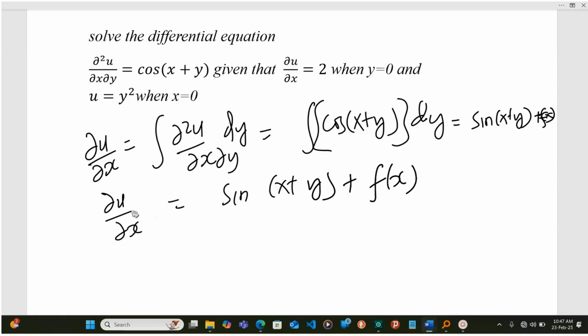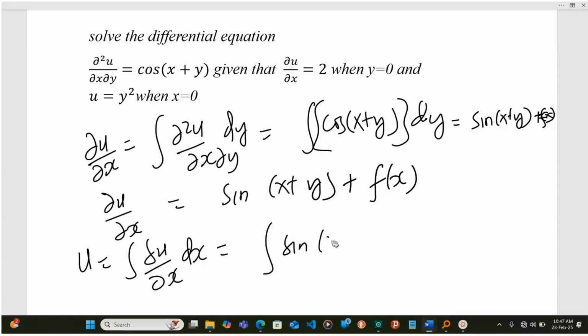So next we are integrating this to get u. So u is equal to integrating del u, del x with respect to x, and this will be integrating sine of x plus y plus f of x. So we are integrating this with respect to x.